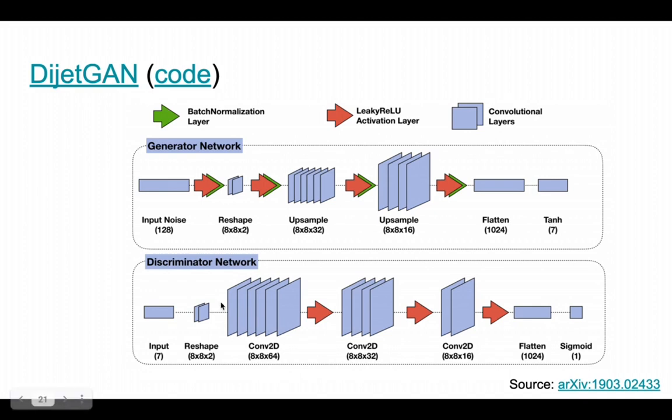The discriminator will take the generative model output, reshape it, and introduce a couple of layers of a convolutional neural network. The discriminator output will have a sigmoid continuous single output.